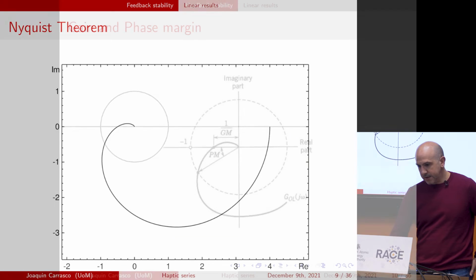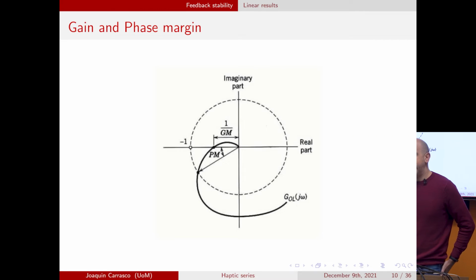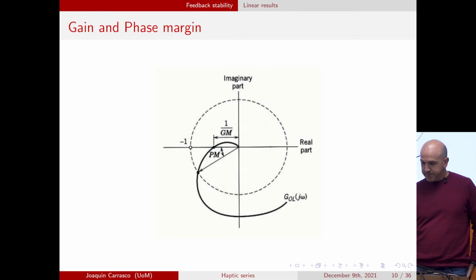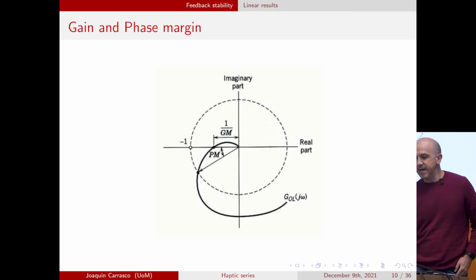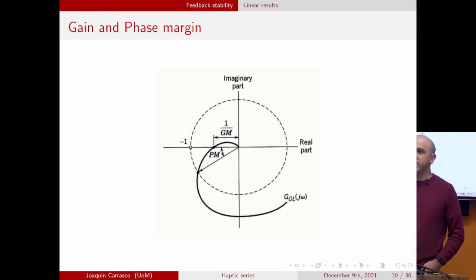These two are the phase margin and the gain margin. These tell you, if your loop suddenly increases the gain by the gain margin GM, then you will arrive from this point to the -1 and your system will become unstable. So the gain margin tells you how much gain you can introduce into the loop without going unstable.